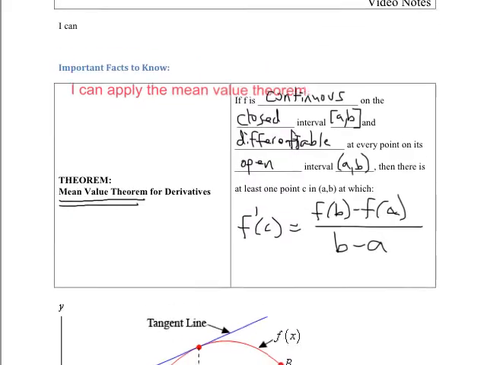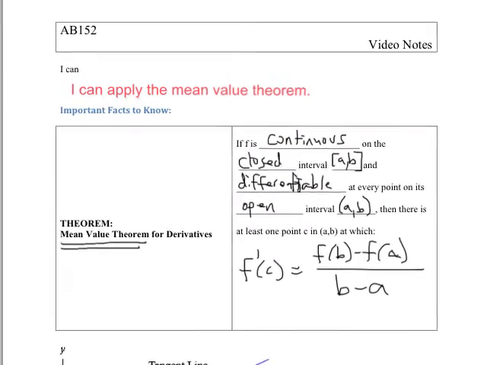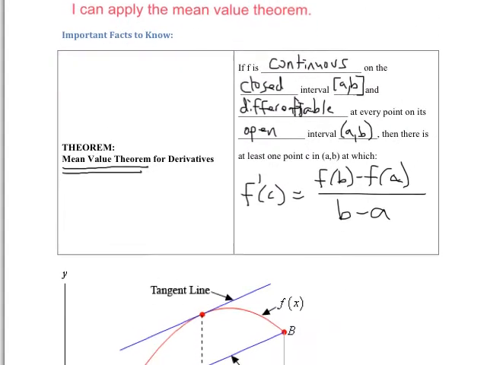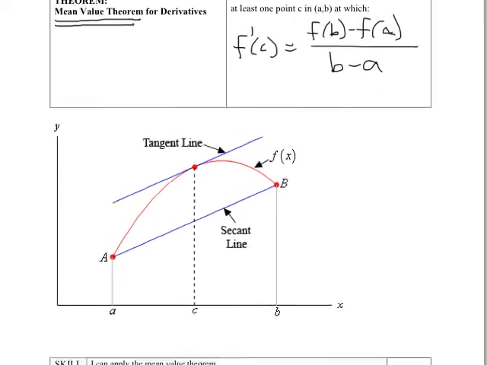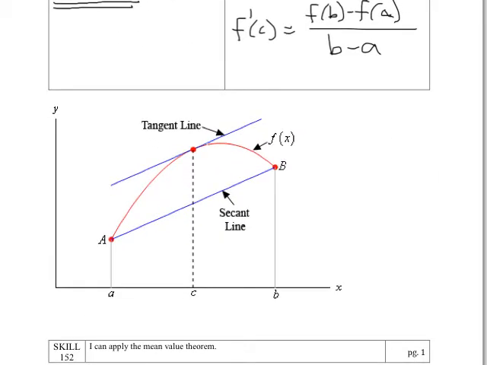What we're saying is that if we have some function that is continuous from a to b, the slope of the secant line will be parallel to the slope of the tangent line at least at one point within the interval of a to b.